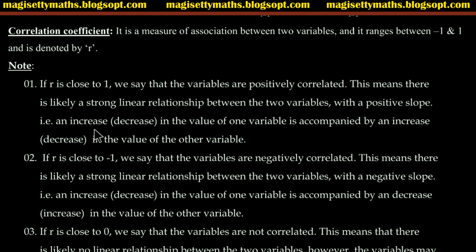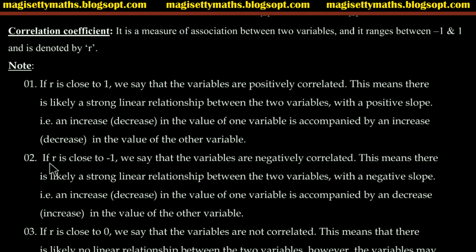If the first variable increases, the second variable also increases. If the first variable decreases, then the second variable also decreases. That is a positive slope.